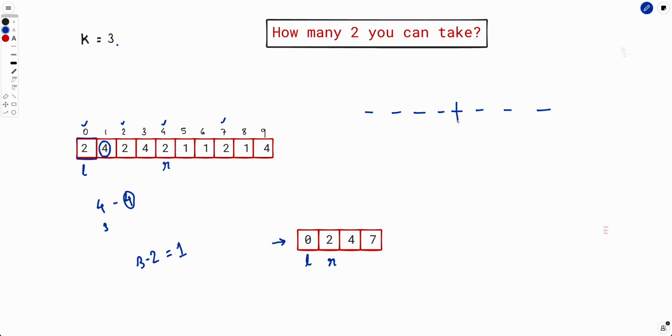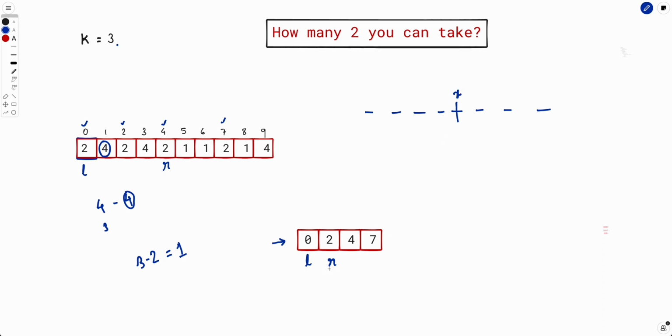You divide your search space into half. Now let's say you divide the search space at index x. Now if you are able to deterministically say that I can skip either the left or the right half, then binary search is applicable here. Now in this particular case, let's say R is equal to x.